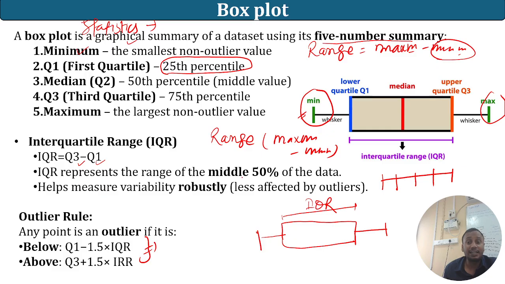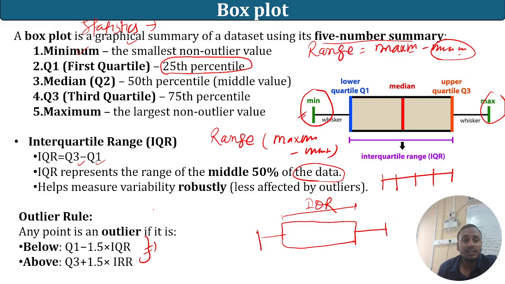The IQR represents the range of the middle 50% of the data. We'll see this once we go into statistics and probability, how these things come out. It helps to measure variability, and outliers do not affect the median value and all.